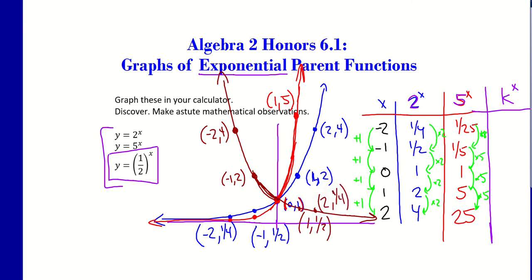In fact, it looks like the exact y-axis reflection of y equals 2 to the x. Well, if I'm multiplying by a base of 1/2 every time I move forward in the x direction, it would make sense that this graph would be decreasing because 1/2 is less than 1. So I would be multiplying by a number less than 1 as I move forward in the graph.